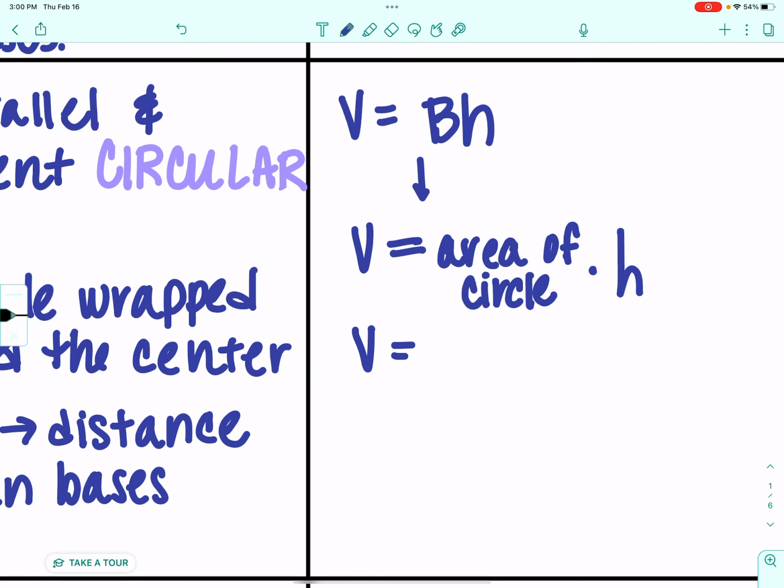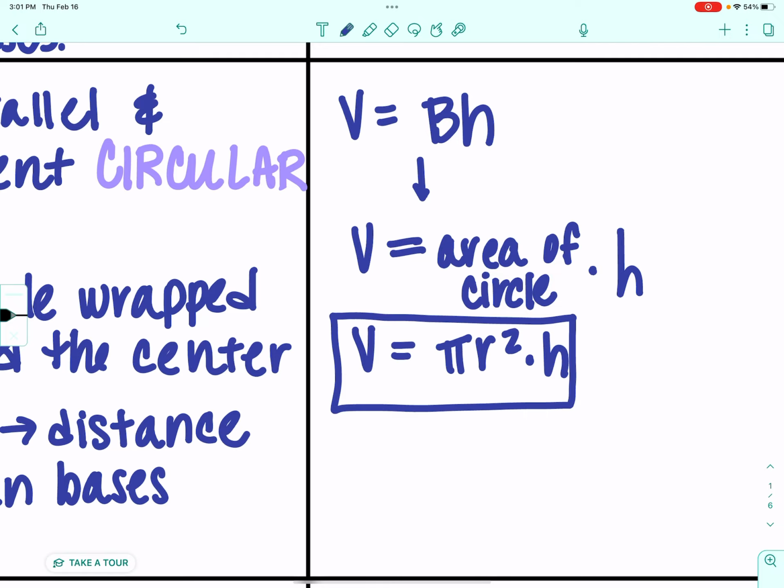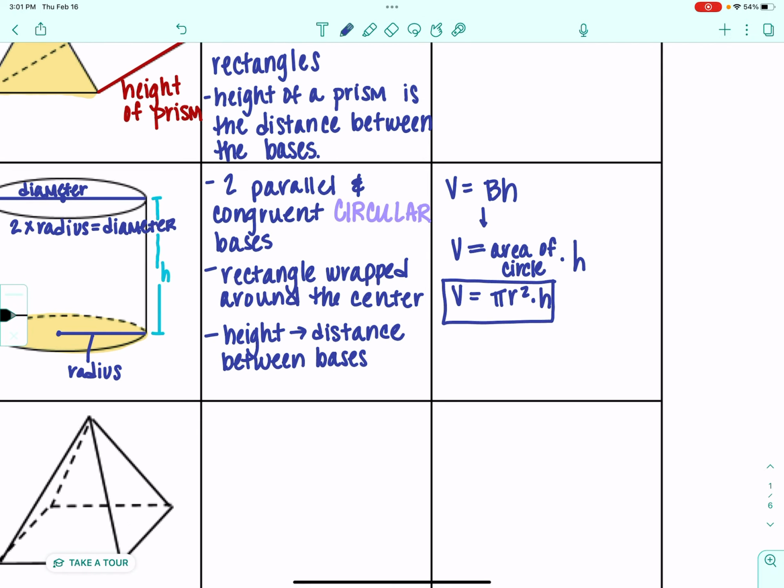And it just so happens that we know the area of a circle. So that's pi r squared times the height. This is going to be our working formula. So let's go try it.